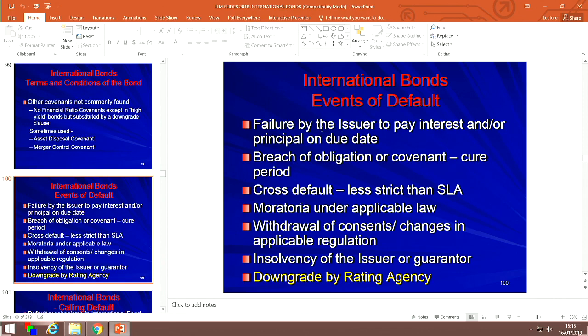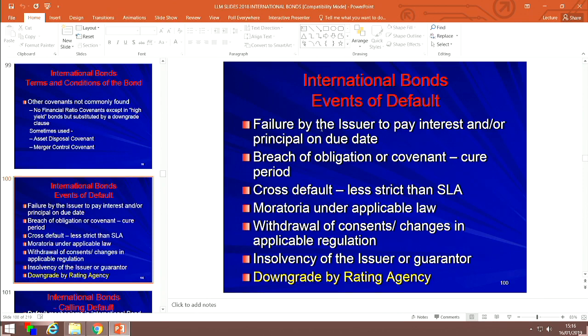There is then a provision which you probably haven't come across in international syndicated loans, but which is common in international bonds, and that is the imposition of a moratorium under applicable law. Note that phrase, under applicable law. It's not any old moratorium imposed anywhere on the planet which affects the issuer's ability to pay interest or principal, but a moratorium imposed under applicable law.